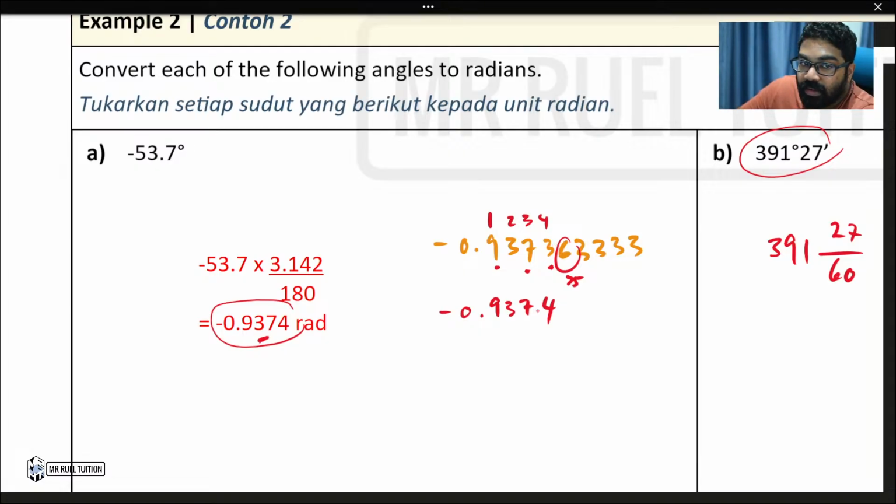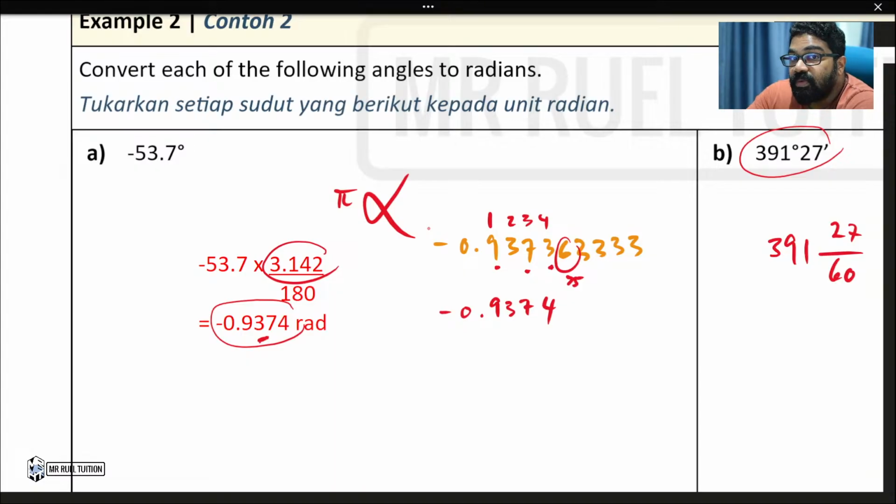Okay? This is one. The second reason is, awak tak guna 3.142. The second reason is, dalam calculator awak guna simbol pi. Salah. Cannot. Jangan sekali-sekali guna simbol dalam calculator. Don't ever use the symbols in the calculator for the constants. Awak mesti guna anggaran dia. You have to use the estimate 3.142.